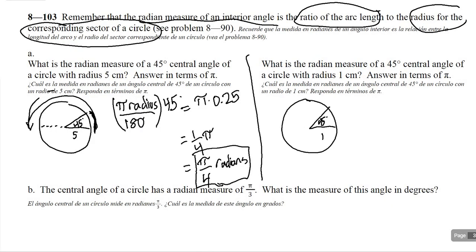Okay, we continue. Consider if the central angle of a circle has a radian measure of pi over 3. What is the angle of its measure, this time in degrees?